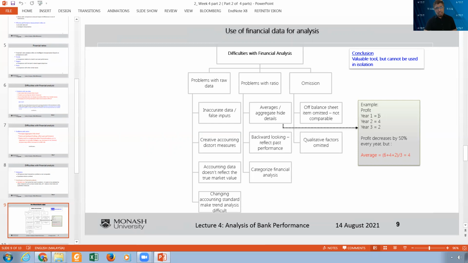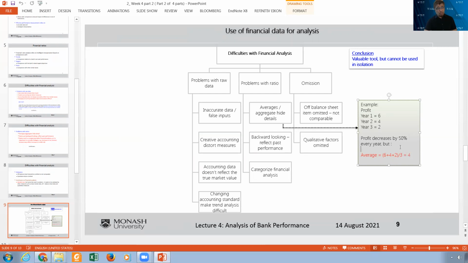If you make a profit of 6 in the first year and drop to 4 in the second year, drop to 2 in the third year, you can average now and say my average profit during the last 3 years was 6 plus 4 plus 2, divided by 3, which is actually 4.